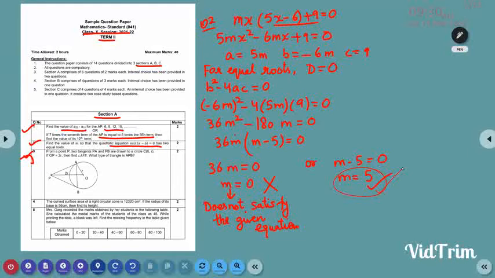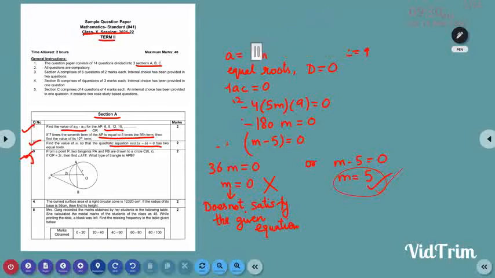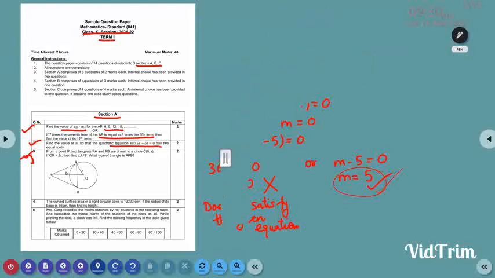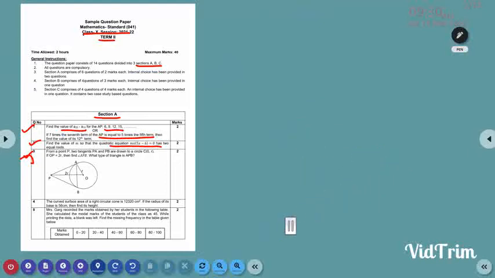Now question number 3. From a point P, two tangents PA and PB are drawn to a circle C with radius R. If OP is equal to 2R, then find angle APB. What type of triangle is APB? So let us first draw the figure for this question.